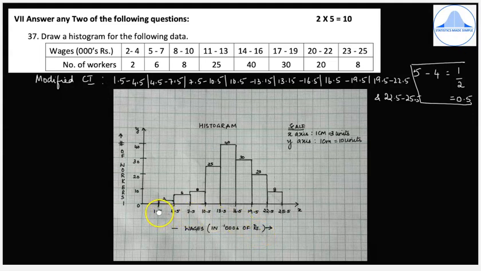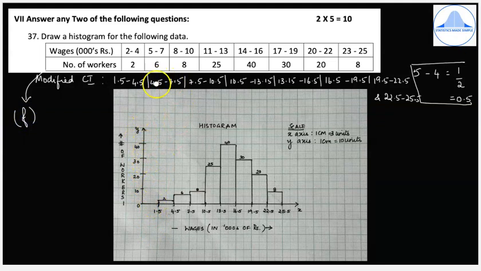So the difference here between 1.5 and 4.5 is 3 units. So the scale for the x-axis is 1 centimeter is equal to 3 units. And then on the y-axis, I have taken the number of workers, which is nothing but the frequencies, which is F. So I have taken 0, 10, 20, 30 and 40 on the y-axis.